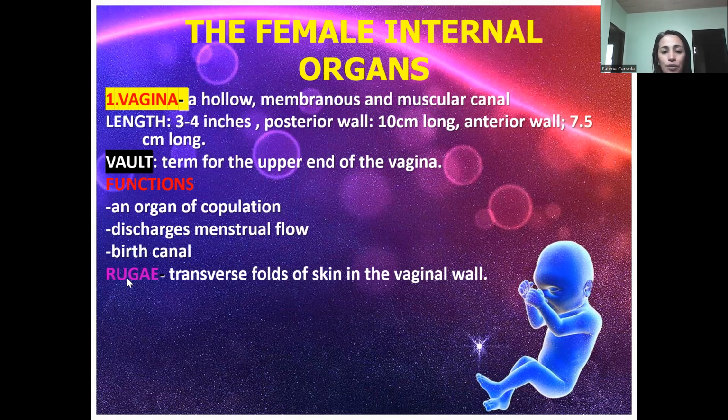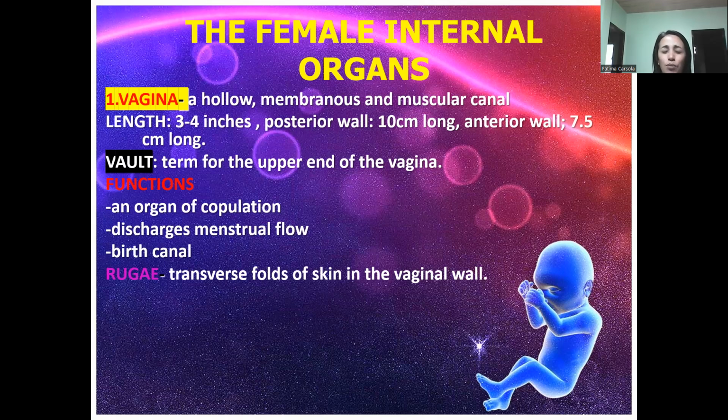Okay, we also have here the rugae. In Tagalog, it's your siko. This is the characteristic of the vaginal rugae. The vaginal rugae is just there to accommodate whatever is inserted in it. When the penis is like this, the vagina will just accommodate it, and whenever you have sex with that woman, it will be the same.